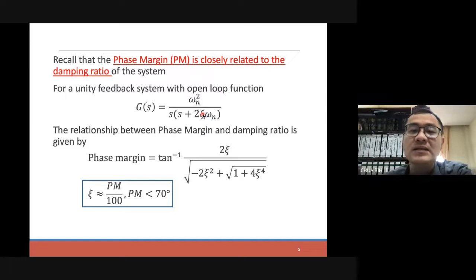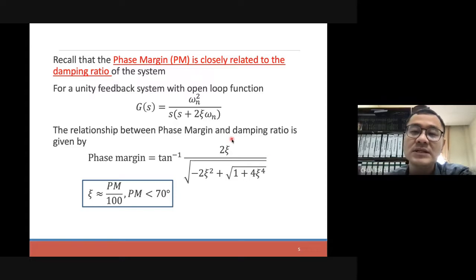We could see that the phase margin, the PM, is related to the damping ratio by these particular equations. So the phase margin is equal to arctangent of 2 damping ratio divided by the square root of minus 2 damping ratio squared plus the square root of 1 plus 4 damping ratio to the power 4.